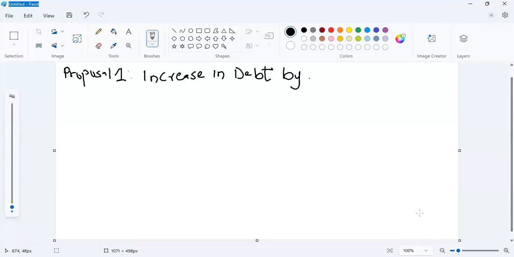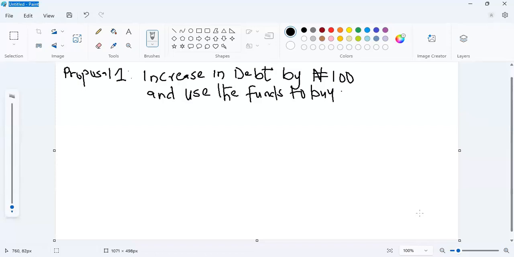To increase debt by 100 million and use the funds to buy back shares. What is the impact of proposal 1 now?